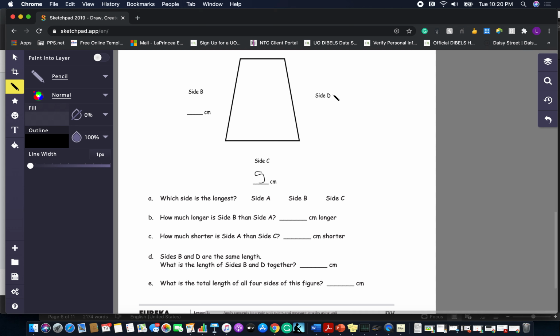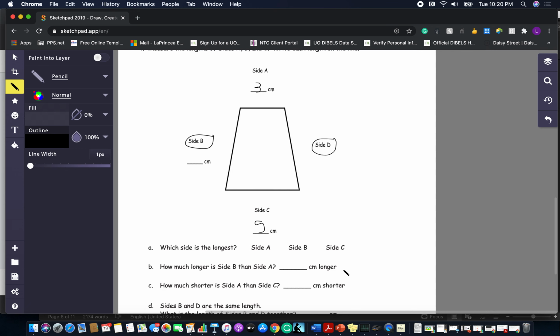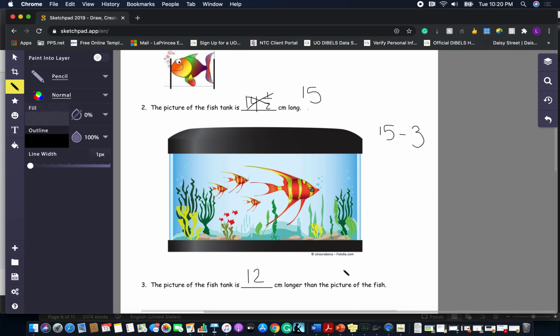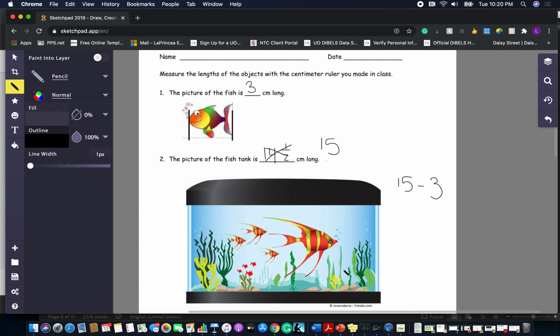So you're going to measure each side, and using your ruler at home, you'll be able to shift it. And then you will answer some questions about each side at home. All right, so if you have any questions for me, you can join me during my office hours. So this lesson was just more practice measuring in centimeters. It's just that we're using a ruler today instead of the cubes.